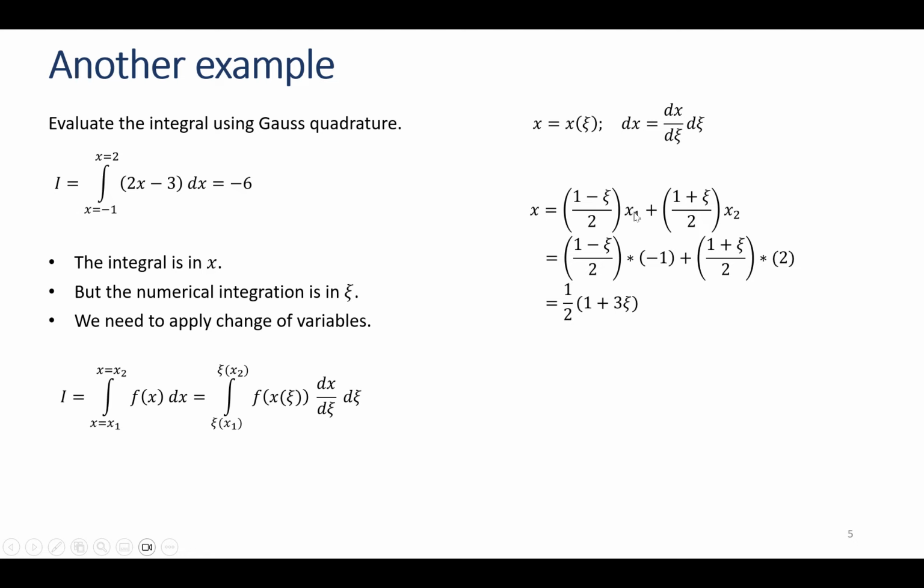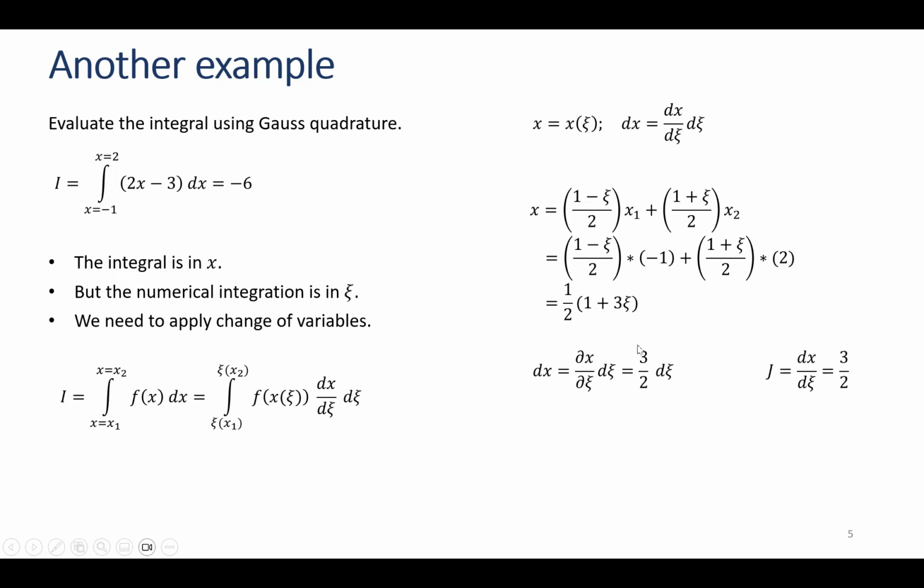Once we apply the limits, h1 is -1 and h2 is 2, and once we simplify we get this expression in terms of xi. So x equal to half of 1 plus 3 xi. From this we can calculate dx by using this formula. Half is constant, the derivative of 1 is 0, the derivative of 3 xi is 3, so 3 by 2 d xi. So dx is 3 by 2 d xi.